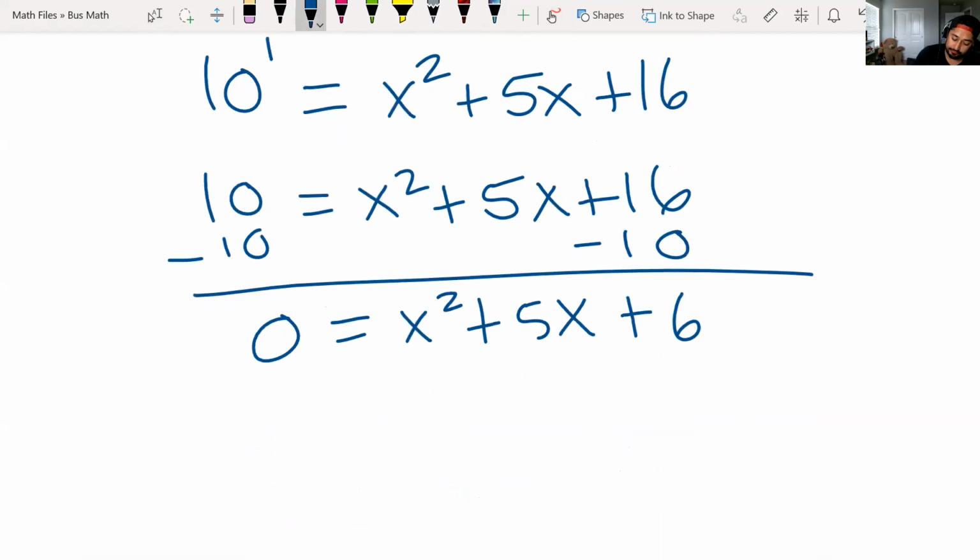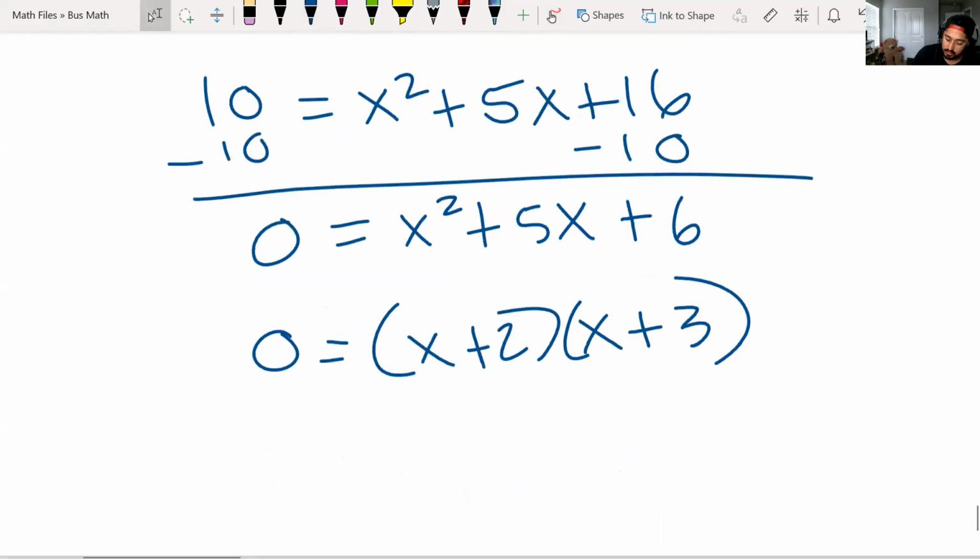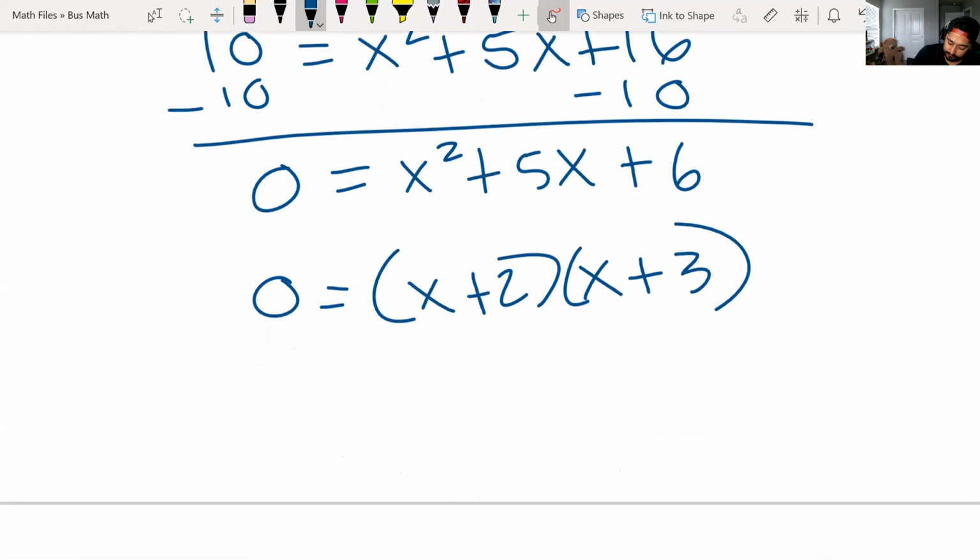Now factor, and we'll get 0 equals x plus 2 and x plus 3. X squared, 3, 2x, 5x, 6. Good. And this means that x equals negative 2 and x equals negative 3.